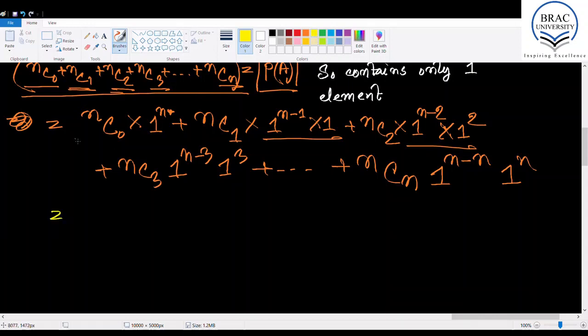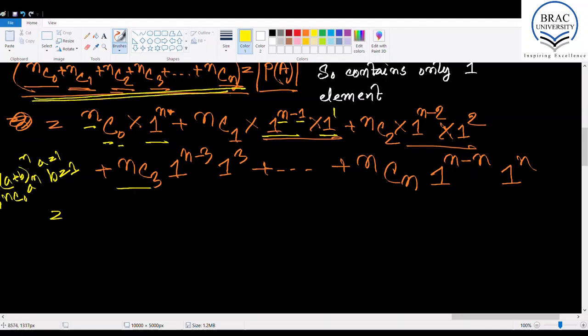As we can see from the binomial theorem, we know that a plus b whole to the power n equals NC0 a to the power n. Here we can see NC0 1 to the power n, so a equals 1 here. Next we get NC1 a to the power n minus 1 into b to the power 1, right? So b equals 1. We put the values a equals 1 and b equals 1, and what we got here was the same as what we've written here.